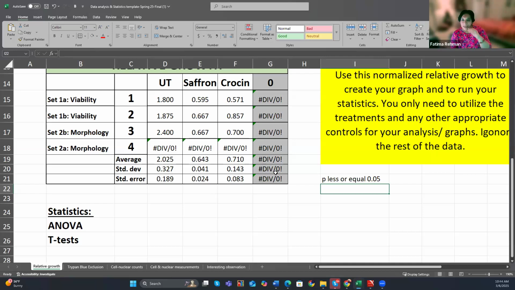Okay? So that's what it signifies. The 5% false discovery rate, that it was just an error or just by chance that we observed this change, and a 95% confidence that it is a real effect of your treatment. Does that make sense?